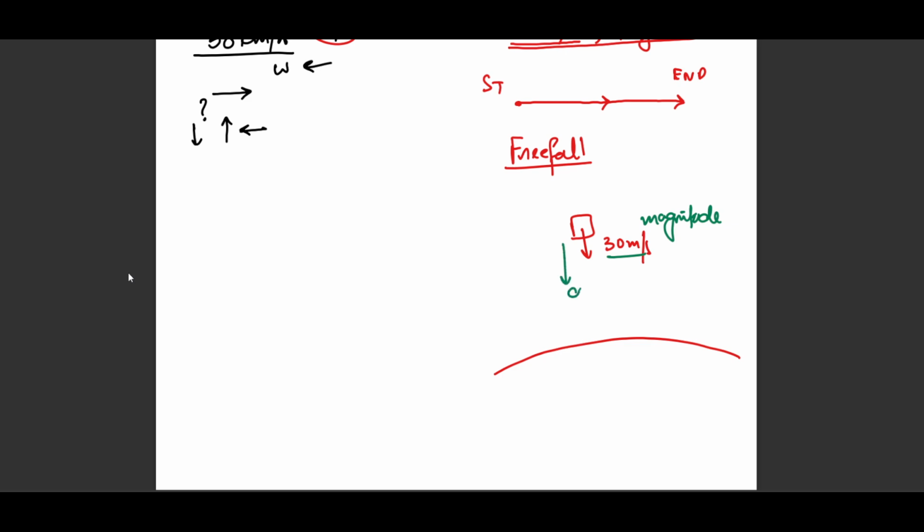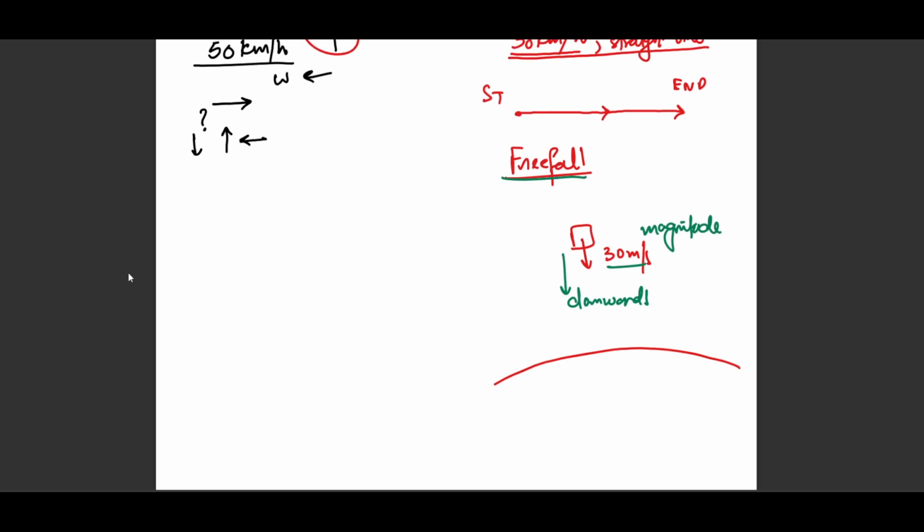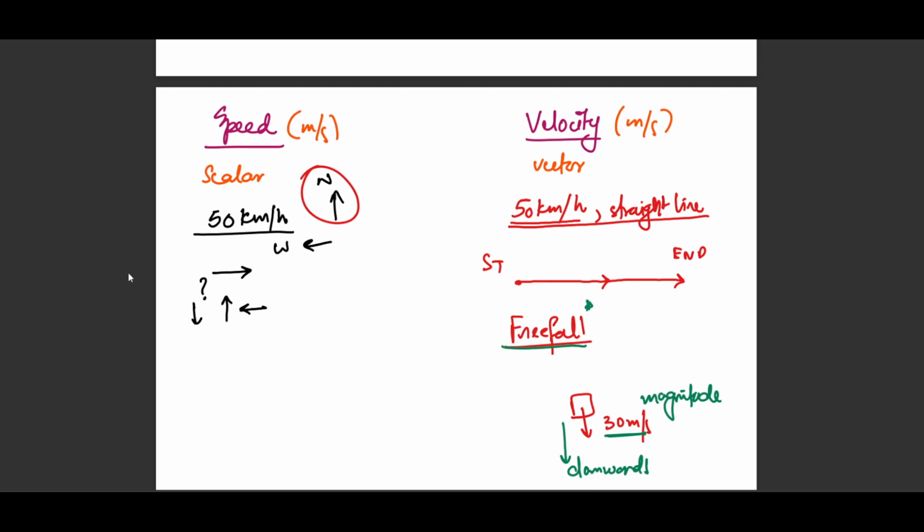It is moving downwards. Since the information of this object going downwards is hidden in the word free fall, that object is moving downwards towards the earth, this speed will now be called velocity. So we should be looking at these small hints in the question to refer to the value as either speed or velocity, right?